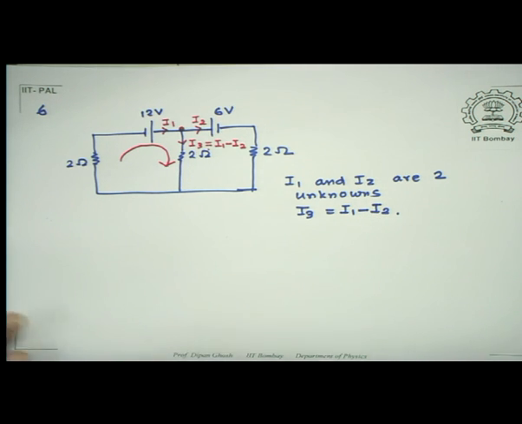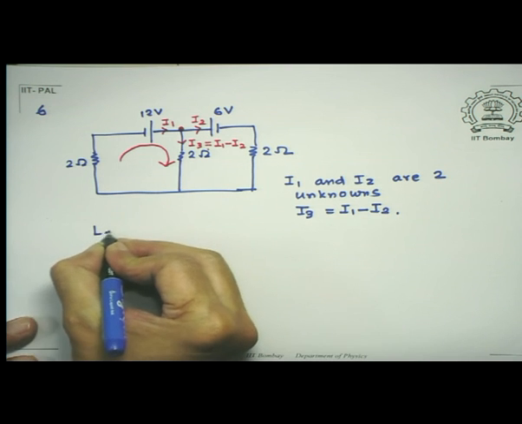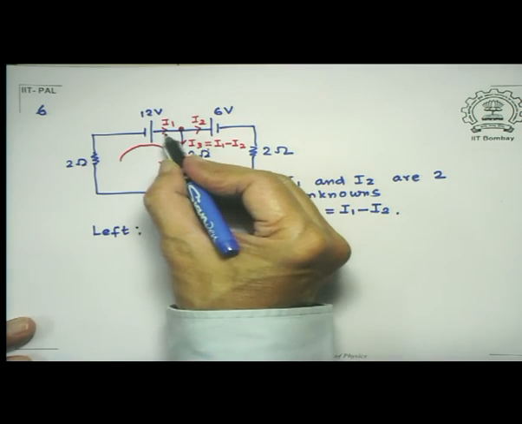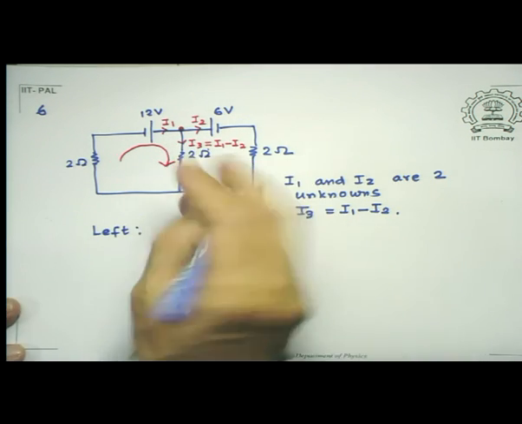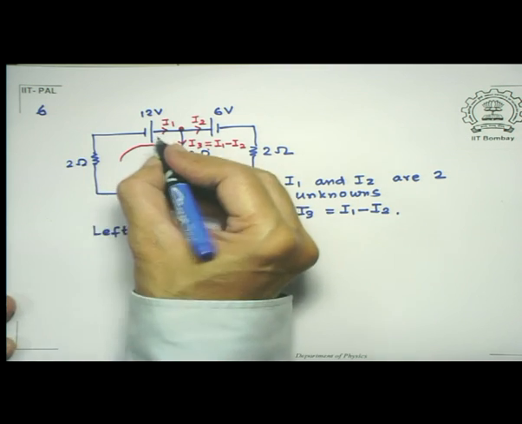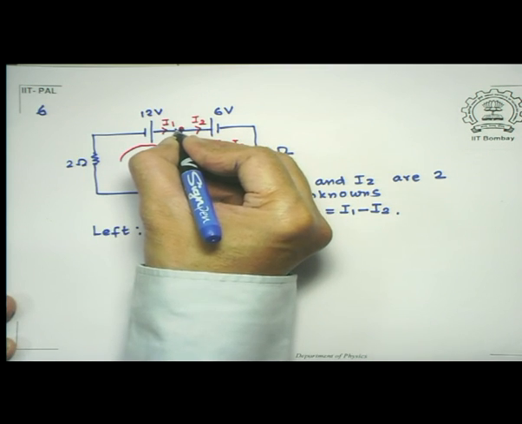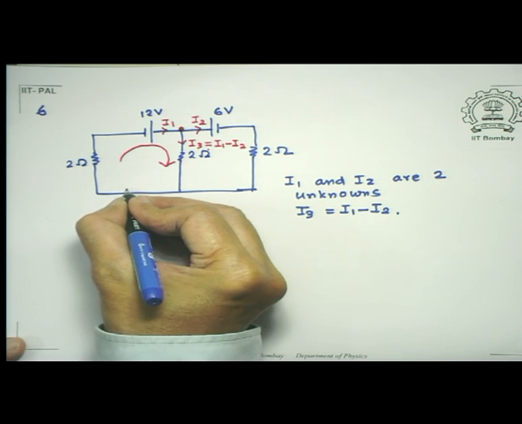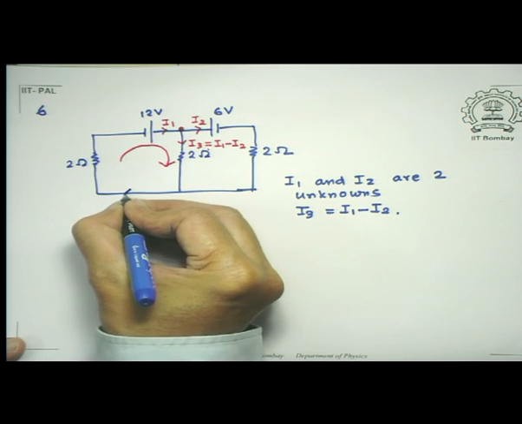So therefore, let us look at the left loop. So what I get is this, that since coming in is I1, the amount of current that is going out from here is I1, what is coming inside must be also equal to I1.